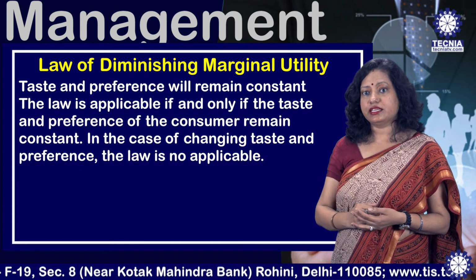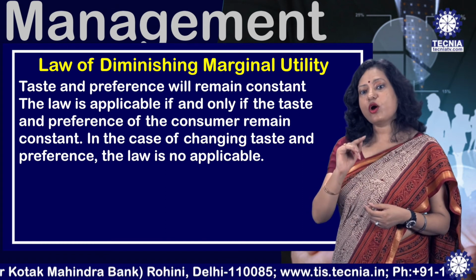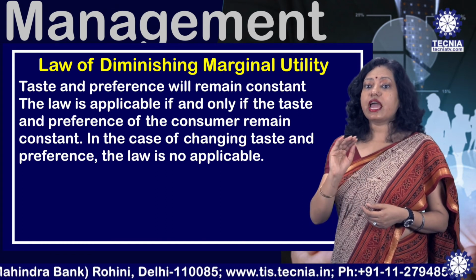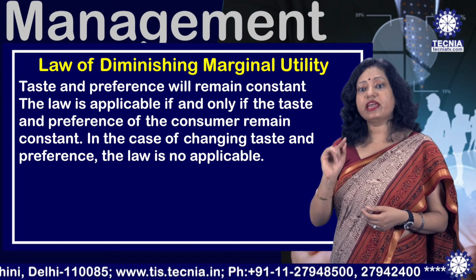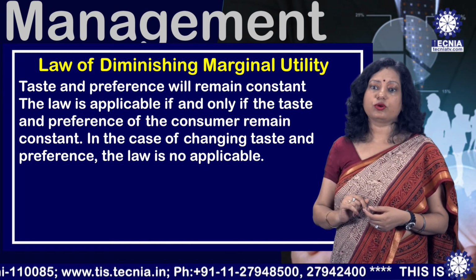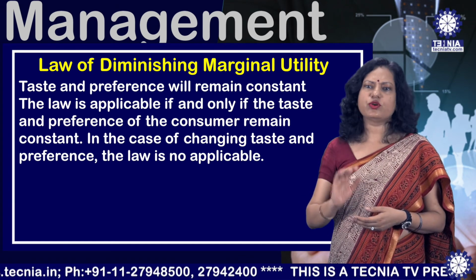The next assumption is that taste and preference remain constant. The law is applicable if and only if the taste and preference of the consumer remain constant. In the case of changing taste and preference, the law is not applicable.